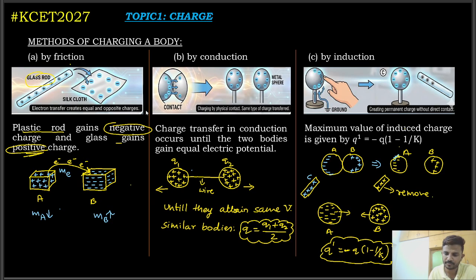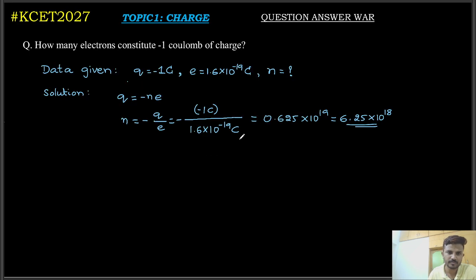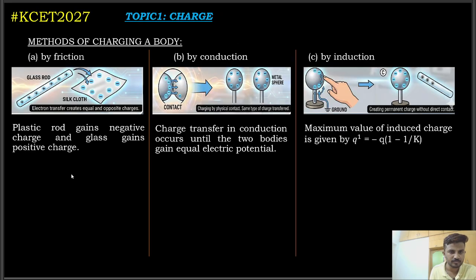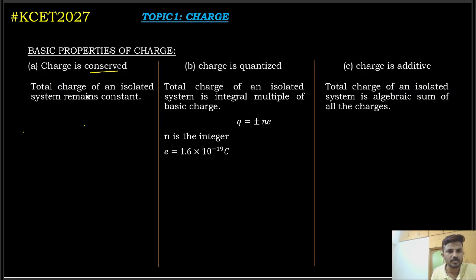So here we have a body like this, in which we have a few charges, like charge q1, charge q2, charge q3, minus charge, you can consider minus q4, and q5 which is negative.